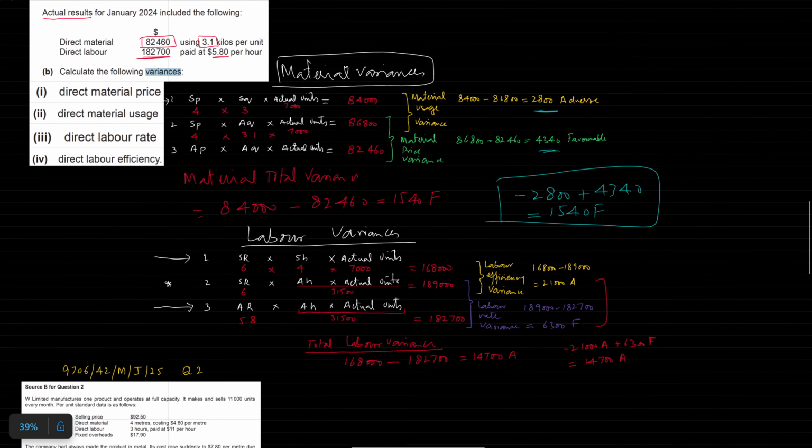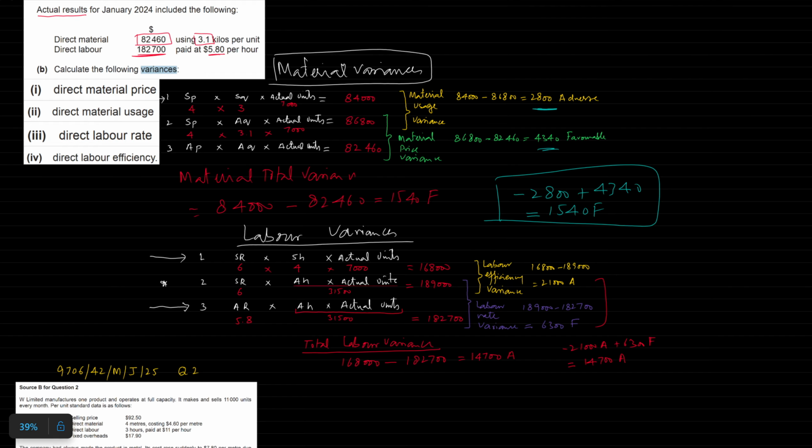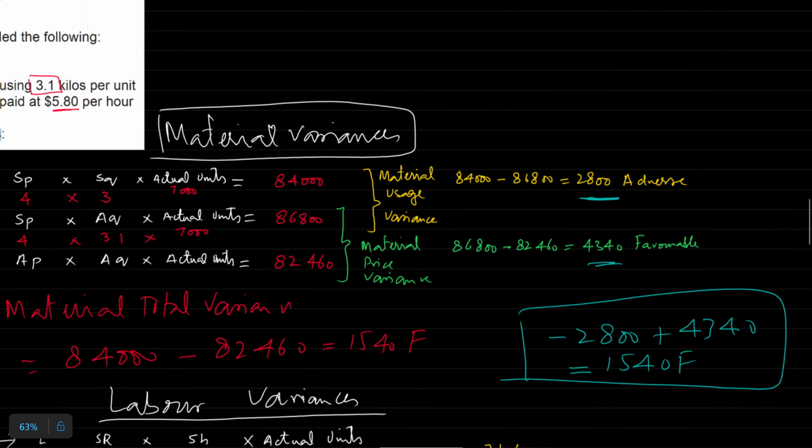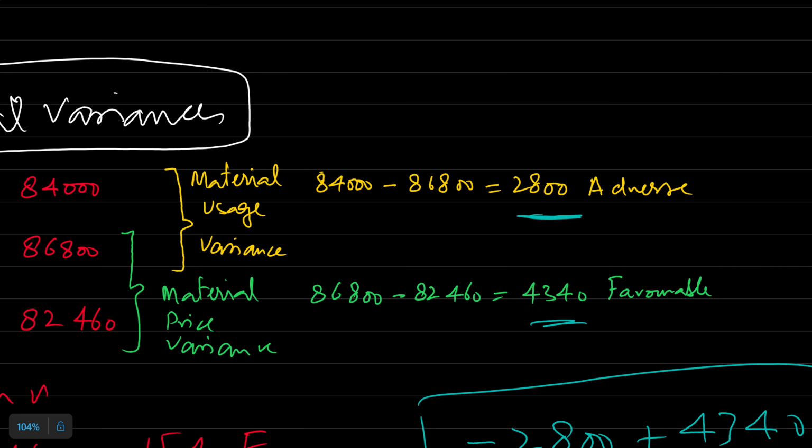Now students, let us try to learn what is the meaning of all these differences. If material usage variance is 2,800 adverse, what does this mean? What will be its effect on total cost?